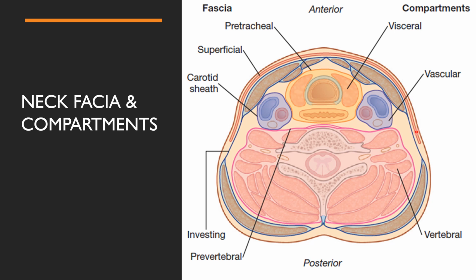Most of them originate and insert into bones. But here, this muscle originates from a fascia but inserts into a bone. It is innervated by the facial nerve. It assists in opening of the mouth and depressing the mouth. So it is found in the superficial fascia.